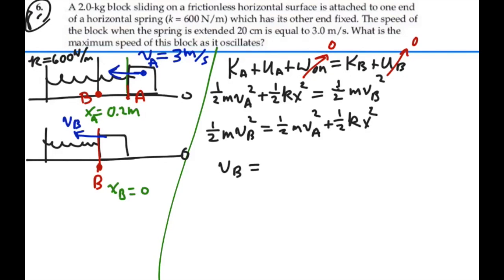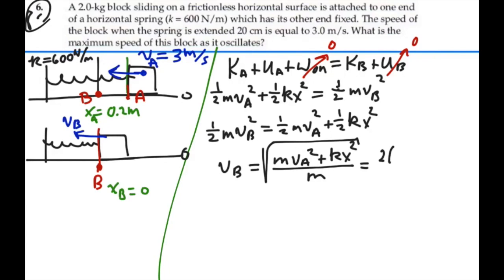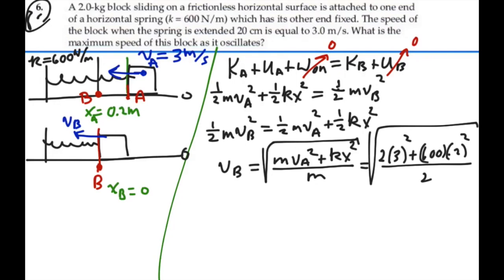Velocity at B is going to equal the square root of mass times velocity at A squared plus kx squared, divided by the mass. So that is going to be 2 times the velocity at A, which is 3 squared, plus k, which is 600, times x, which is 0.2 squared, divided by 2, all that square root.